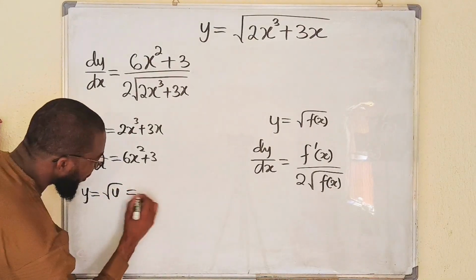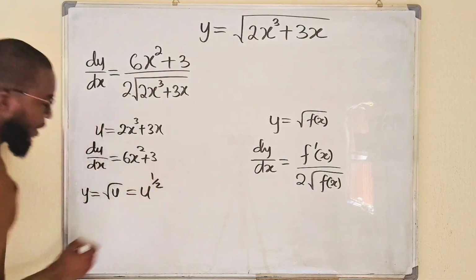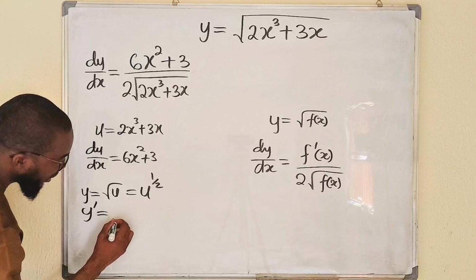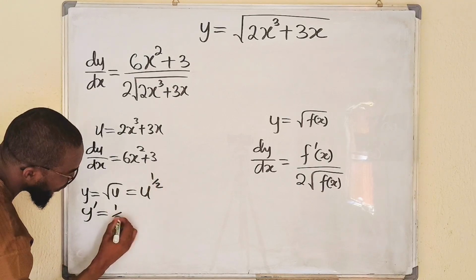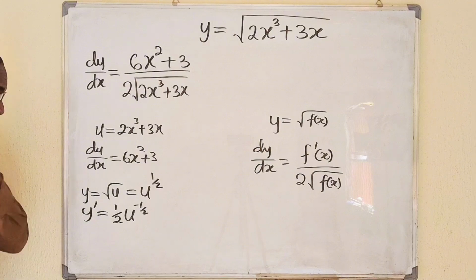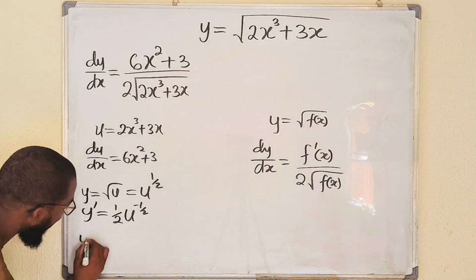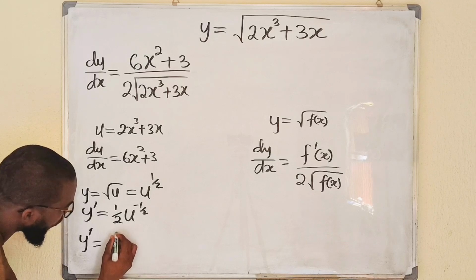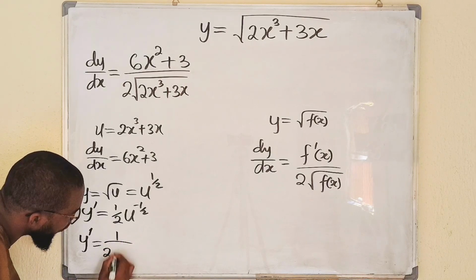And square root of u is the same thing as u to the power of 1 over 2. You differentiate y with respect to u. This becomes 1 over 2 u to the power of negative 1 over 2. And finally, this is the same thing as 1 divided by 2 square root of u.